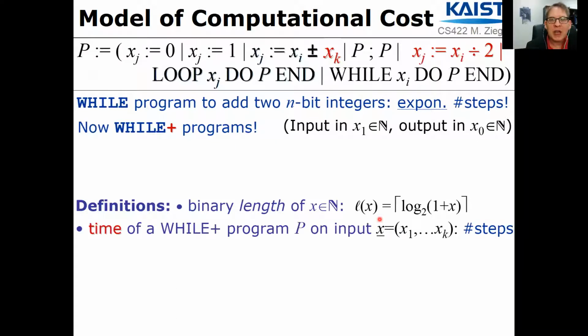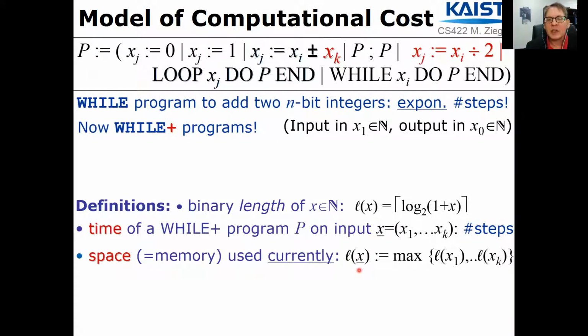And when we have a tuple of natural numbers, then we count the maximum binary length. That's a subtle difference to what I introduced in our last session. Last session, we defined the length of a tuple to be the sum of the binary lengths, but now we define it to be the maximum binary length.